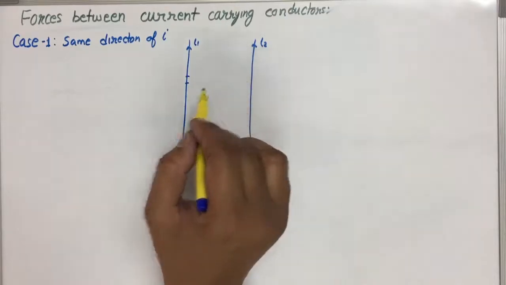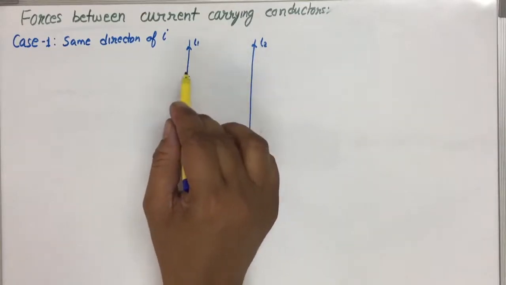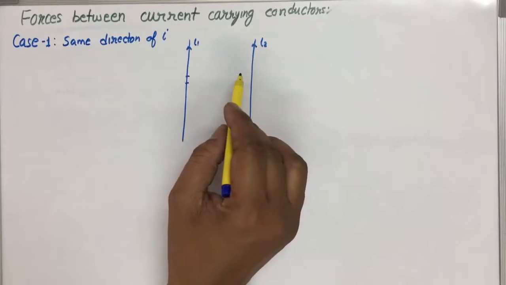So in that way we can find that this will experience force due to this, and this will experience force due to this. So let us start from the first one.